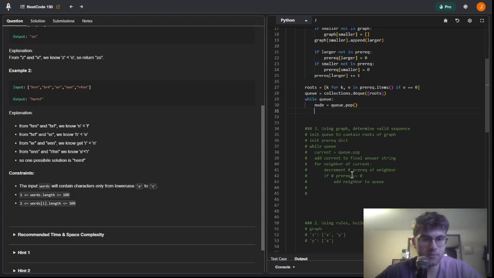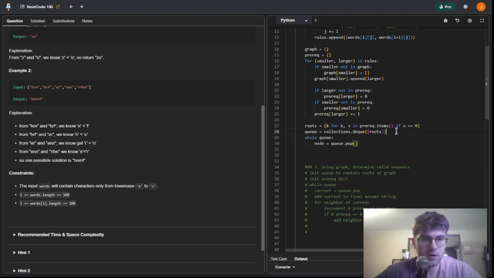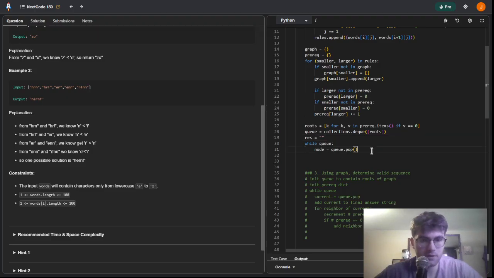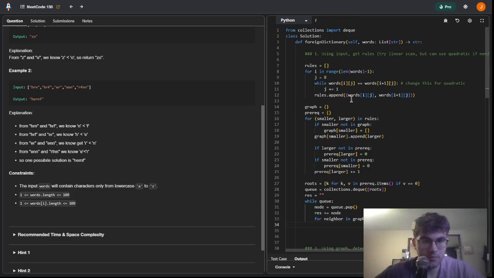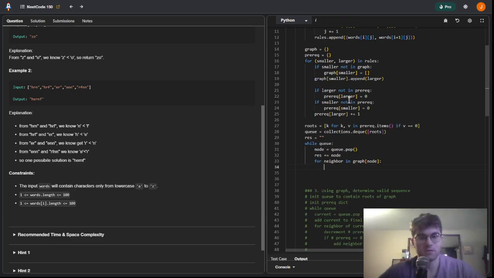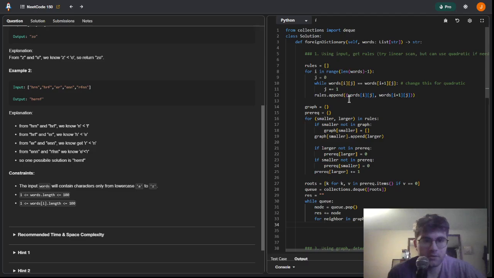Add current, so I'm just referencing this. Add current to final answer string. So when we pop, we'll just have an empty string. When we pop, say result plus equals node. And then we want to do for neighbor in graph node. So what is this? These will just be the nodes, the neighboring nodes.